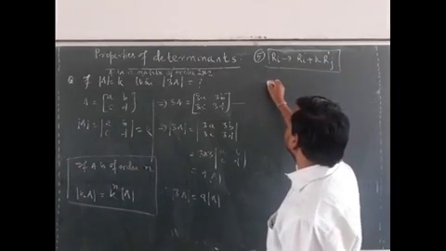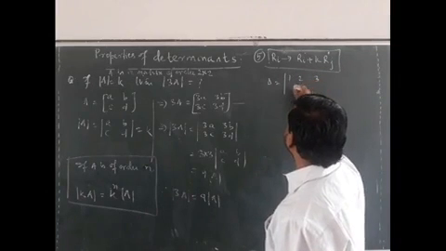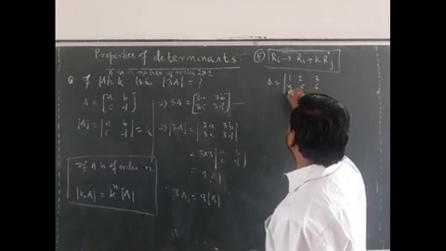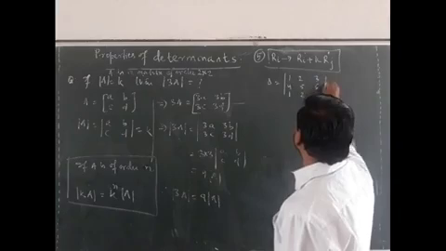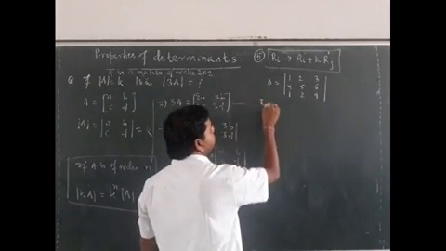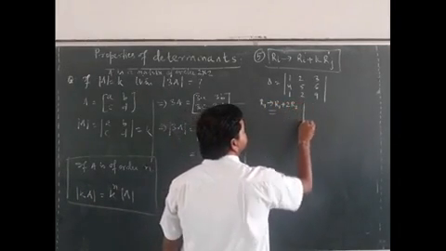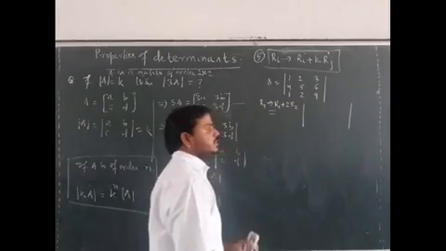For example, suppose I have a determinant delta with rows 1, 2, 3 and 4, 5, 6 and 1, 2, 9, and I want to perform an operation here. Your row 1 is replaced by row 1 plus 2 times row 2. Then the determinant value will remain unchanged.